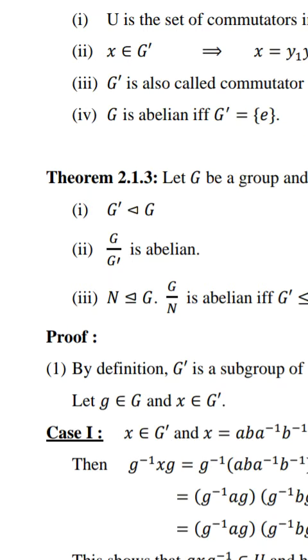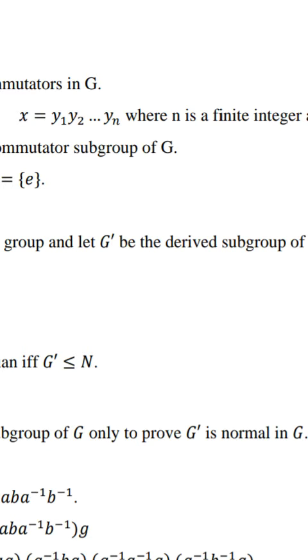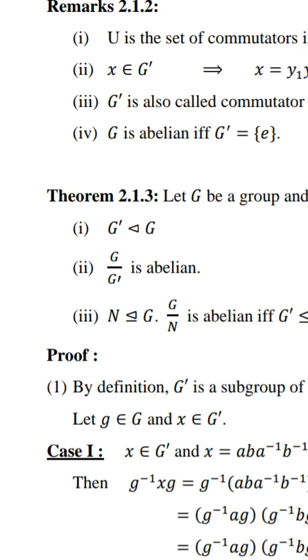G dash is also called the commutator subgroup of G. G is abelian if and only if G dash is equal to the singleton {e}.